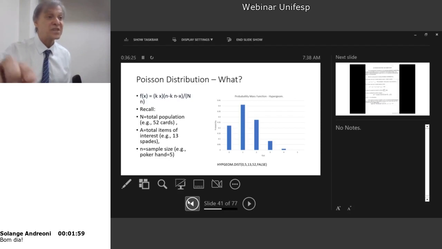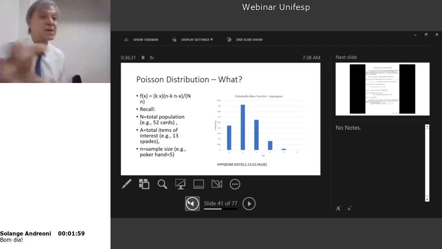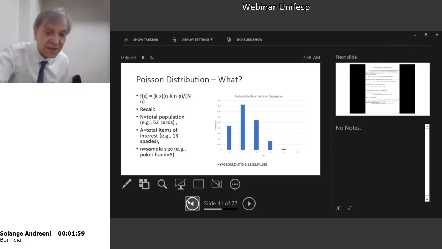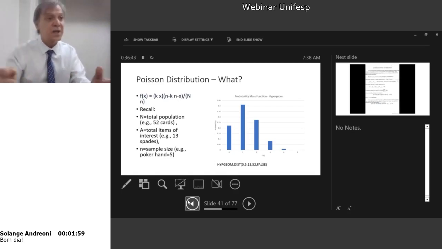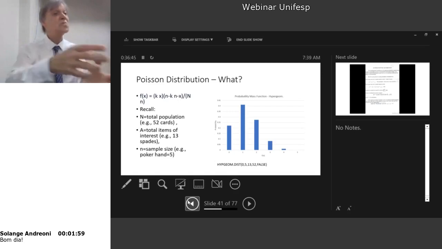And instead of false, I say true. It gives you the probability of being 0, 1, or 2. The summation of these probabilities would have been 0.4 something, 0.3 something, and 0.2 something. So the combination of those would be about 0.8, okay, or 80%. Okay, so that's the cumulative distribution probability. You get that by typing true instead of false.